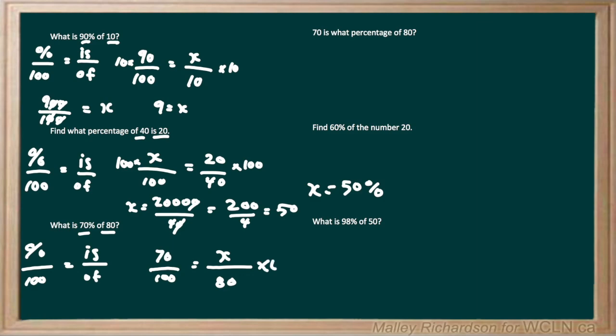And then to get x by itself, we're going to cross multiply by 80. And then we're left with 80 times 70, which is 5,600 over 100 equals x. These zeros can cancel out, so we're left with 56 over 1 equals x, which is the same as 56 equals x. So 56 is 70% of 80.